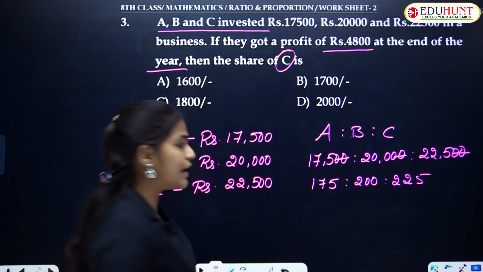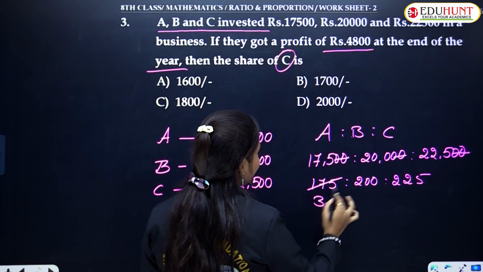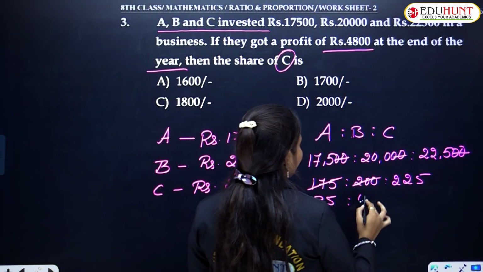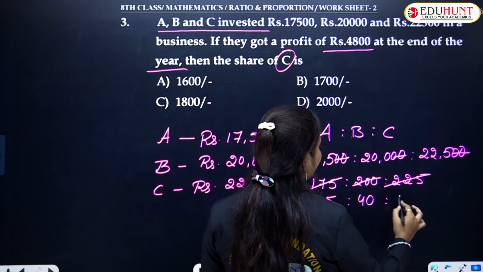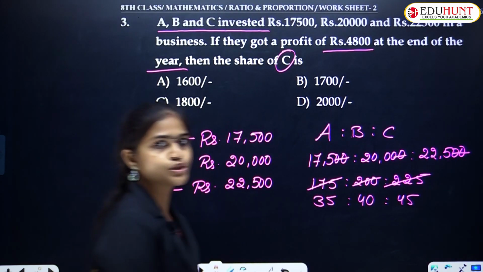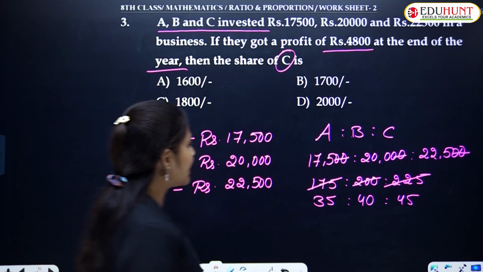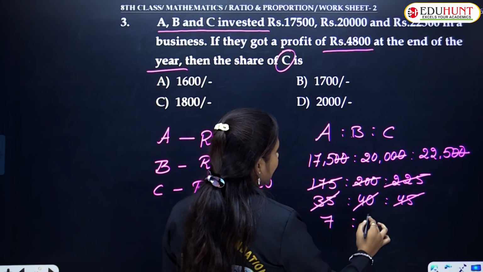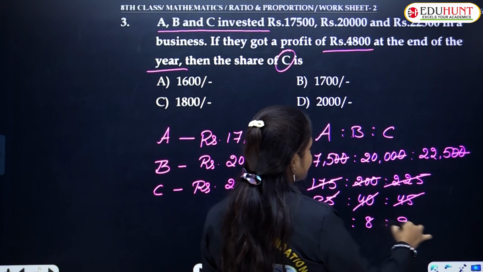Now cancel by 5. 5 3s are 15, 5 5s are 25. Clear? Yes. 5 4s are 20, 5 5s are 25. Still again cancellation is possible by 5. 5 7s are 35, 5 8s are 40, 5 9s are 45.